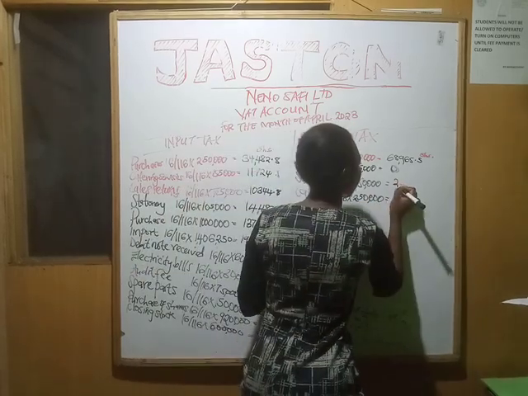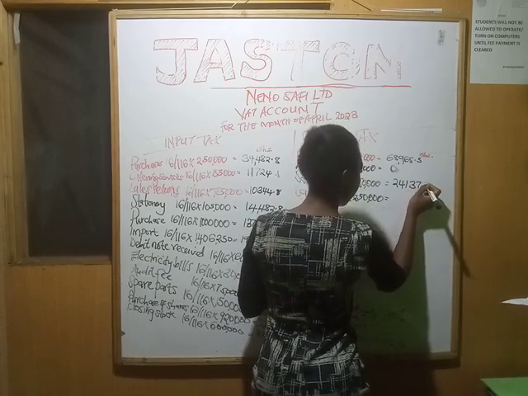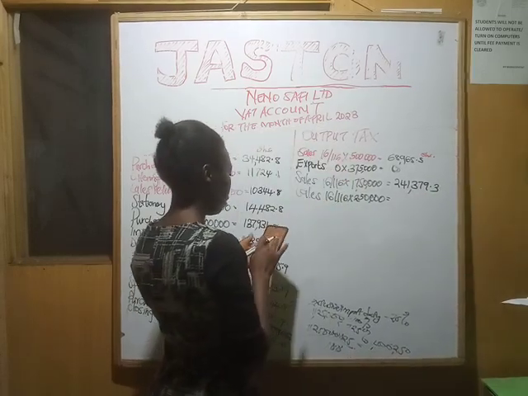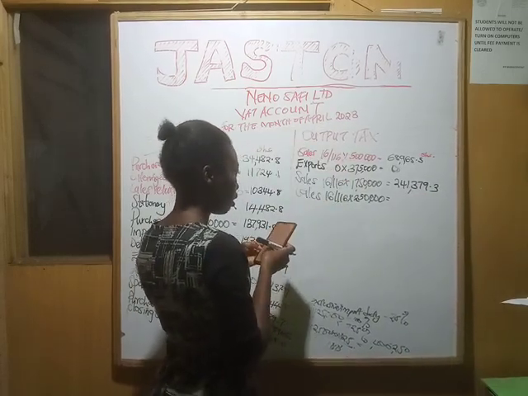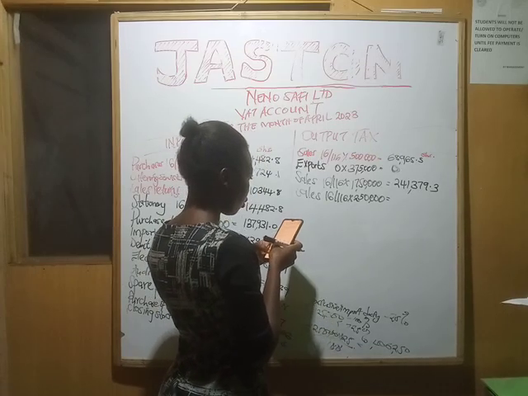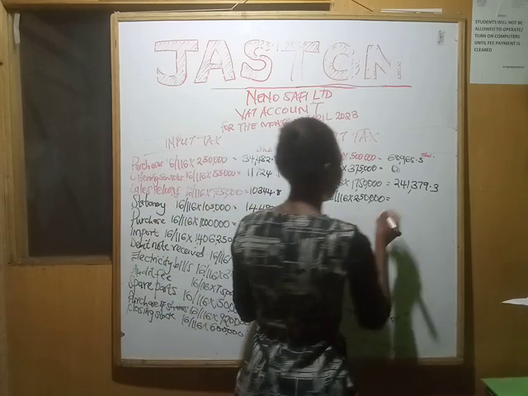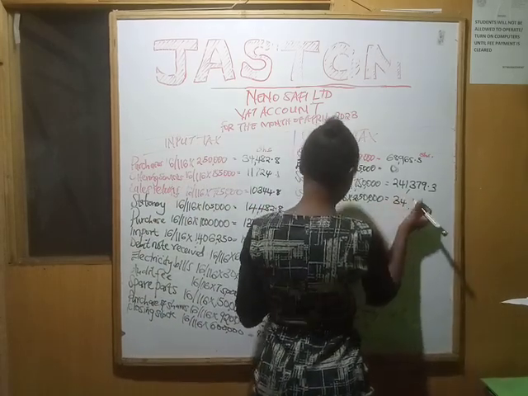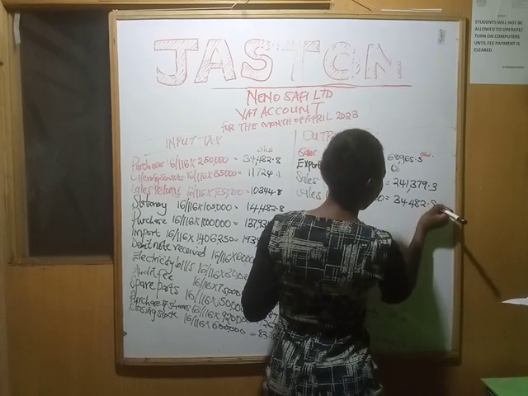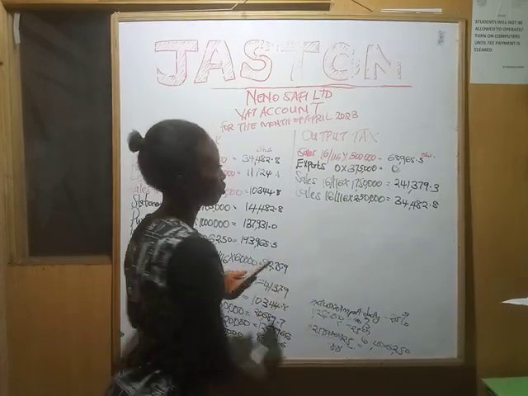We get 241,379.3. Let's head on to the next. 16 divided by 116, we multiply by 250,000. We have 34,482.8. So this is our input tax and the output tax.